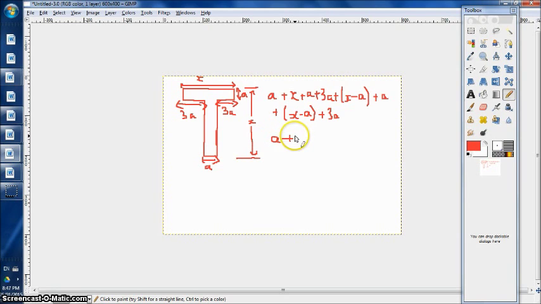Now again, we're going to remove all the brackets to simplify our algebraic expression.